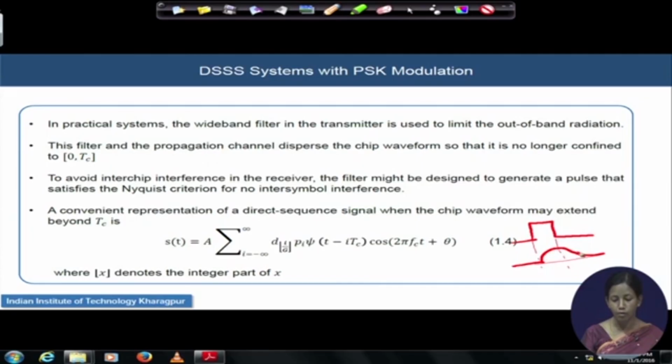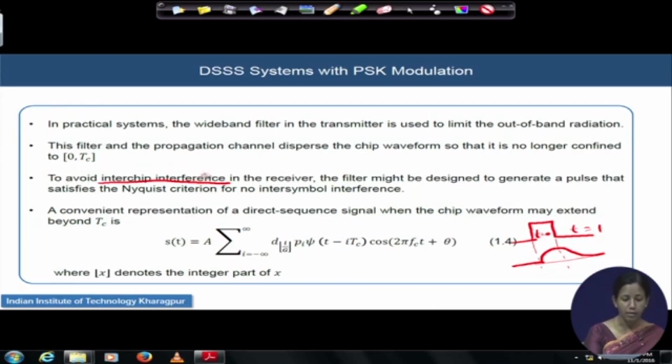There will be a spillover of the power of, say, the t equal to 0th pulse over the t equal to 1st pulse. The effect that we are considering here we call inter-chip interference. So, there is interference from the previous chip to the next chip, and we need to take care of a nice filter design inside the transmitter, so that this effect can be nullified.